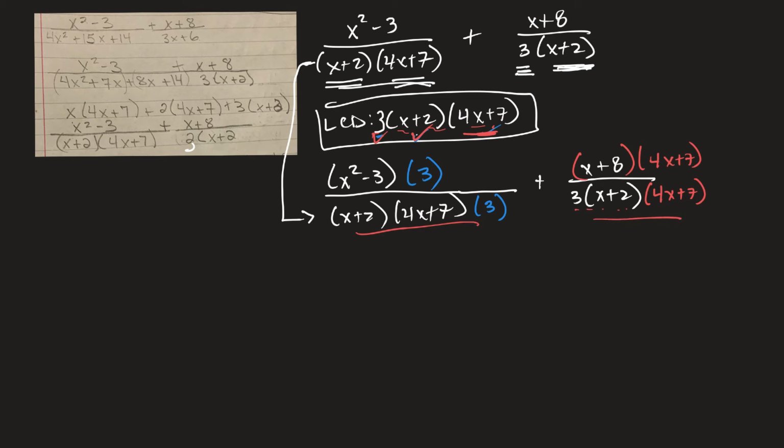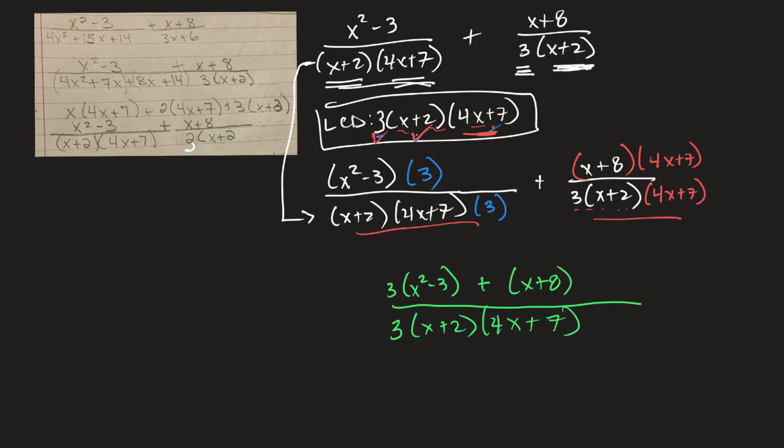This and this are both the same. Different order, but they each have the exact same factors. So now I can write with one big denominator. So x plus 2, 4x plus 7. Let's put the 3 out front. And then on this first one, I'll have 3 times x squared minus 3 plus, then I'll have x plus 8 times 4x plus 7.